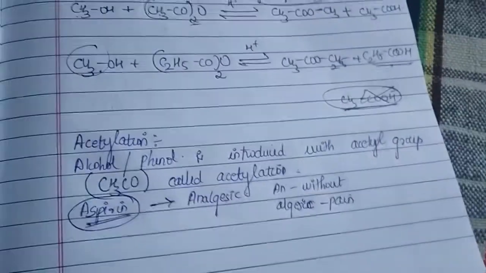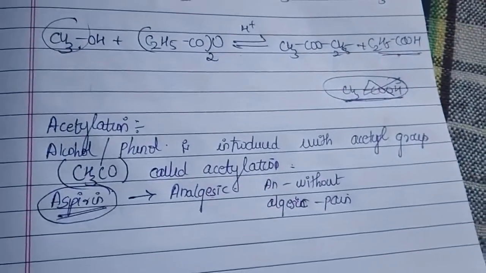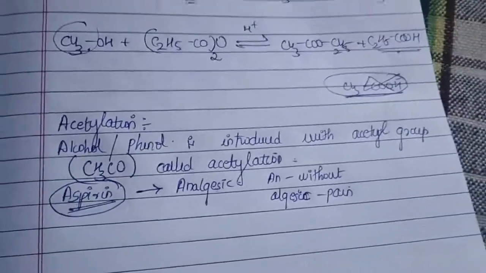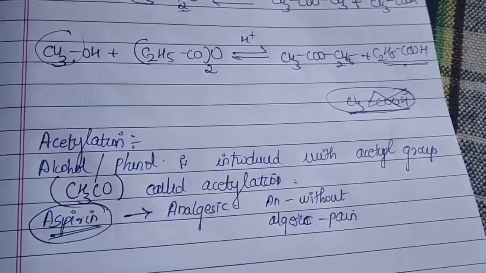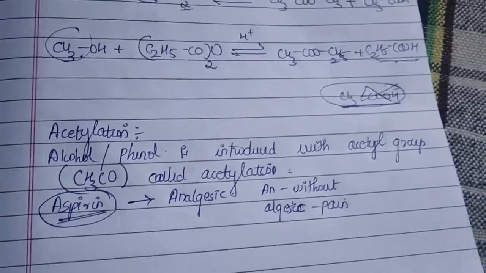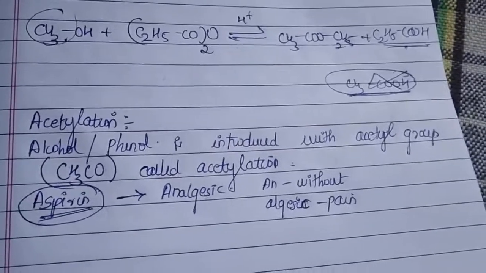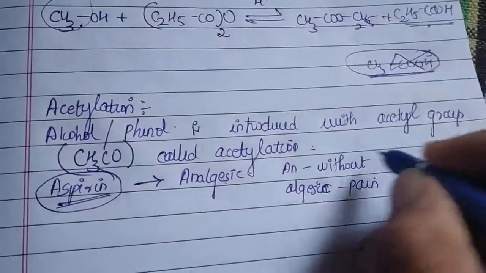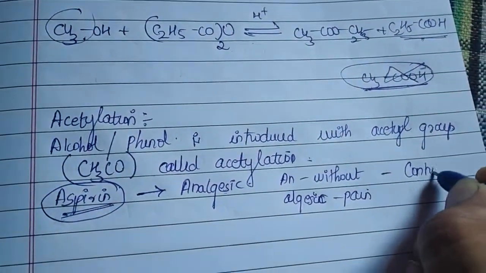That is, aspirin has the property to control pain. If there is a severe accident, the patient will be administered this drug so that there is some pain relief in the body. So it has one role as an analgesic, that is, controlling pain.